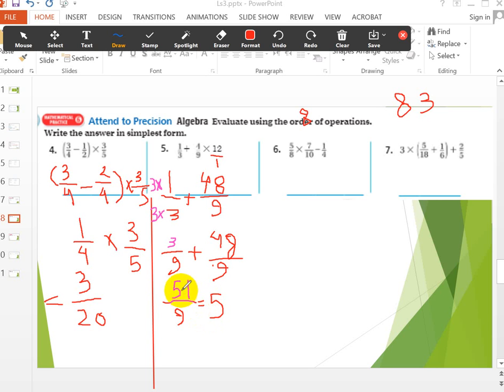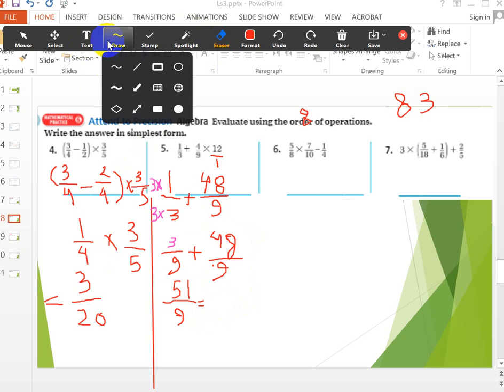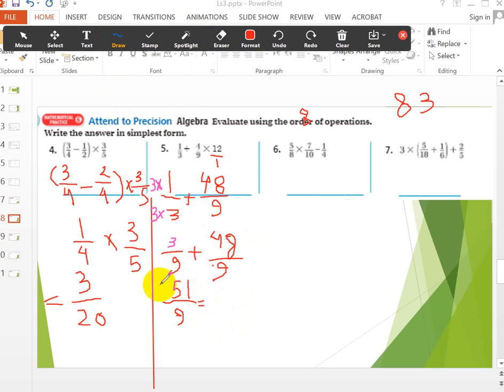No, I'm sorry. Which number can I multiply with 9 that will give me the closest answer to 51? Yes, 45. So it will be 5, and the number left will be 6.